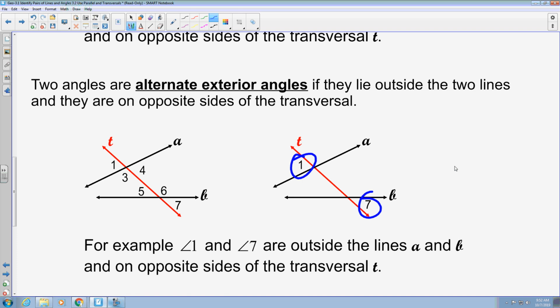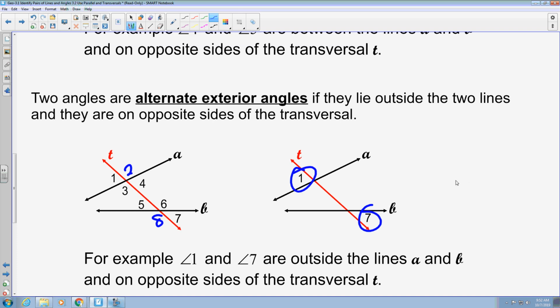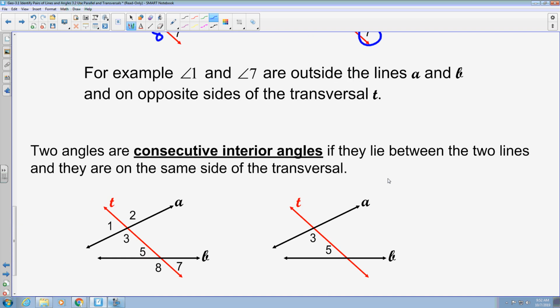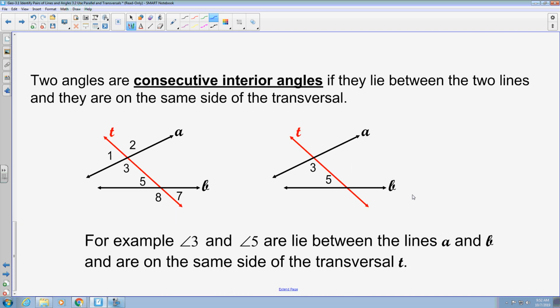We could also say that 2 and 8 would be alternating exterior angles. The last type of angle relationship in this case would be consecutive interior angles. That's when they're on the same side of the transversal, but on the interior. So 3 and 5 are consecutive interior angles for that particular example.